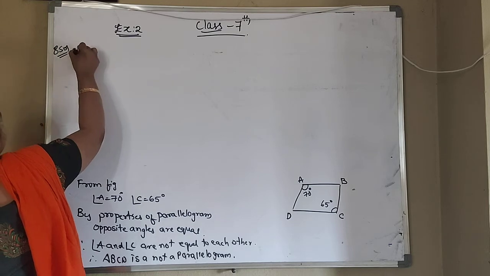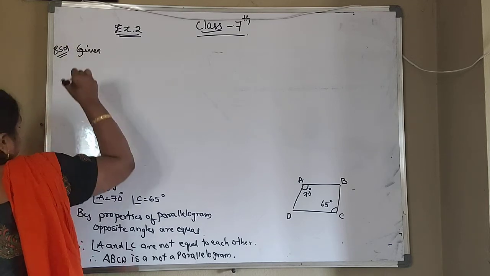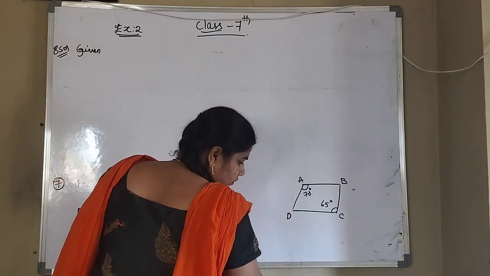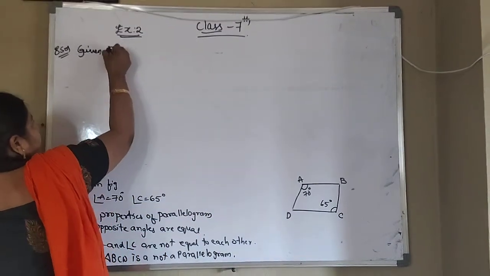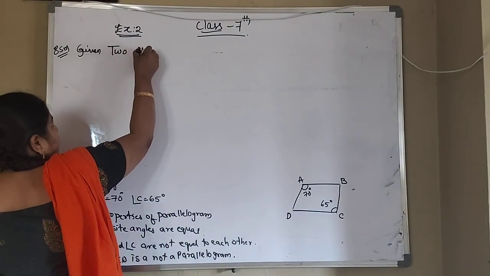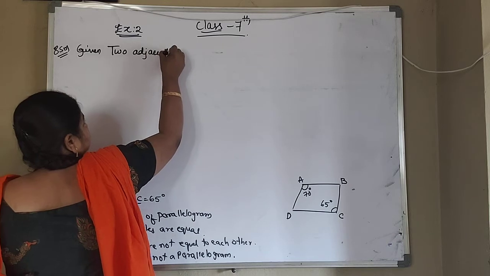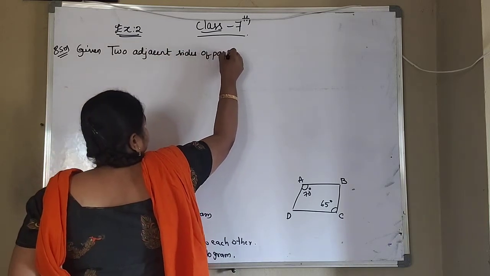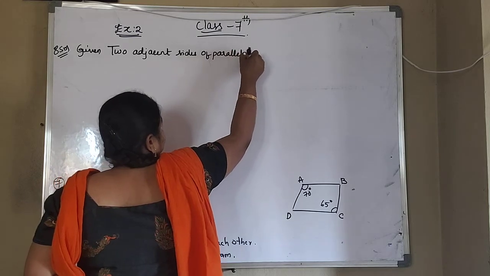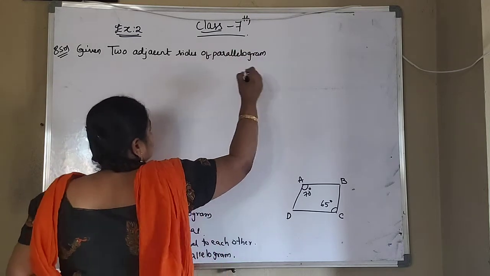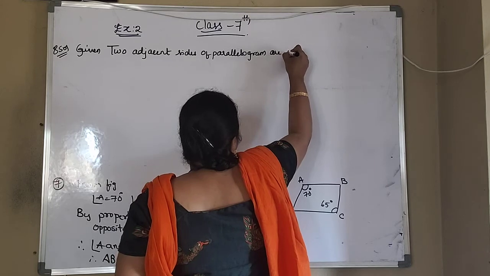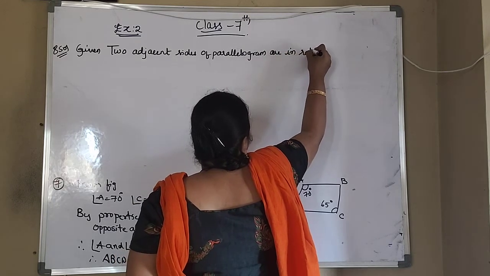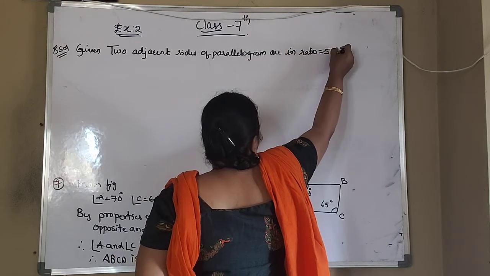So given two adjacent sides of a parallelogram are in ratio 5:3.